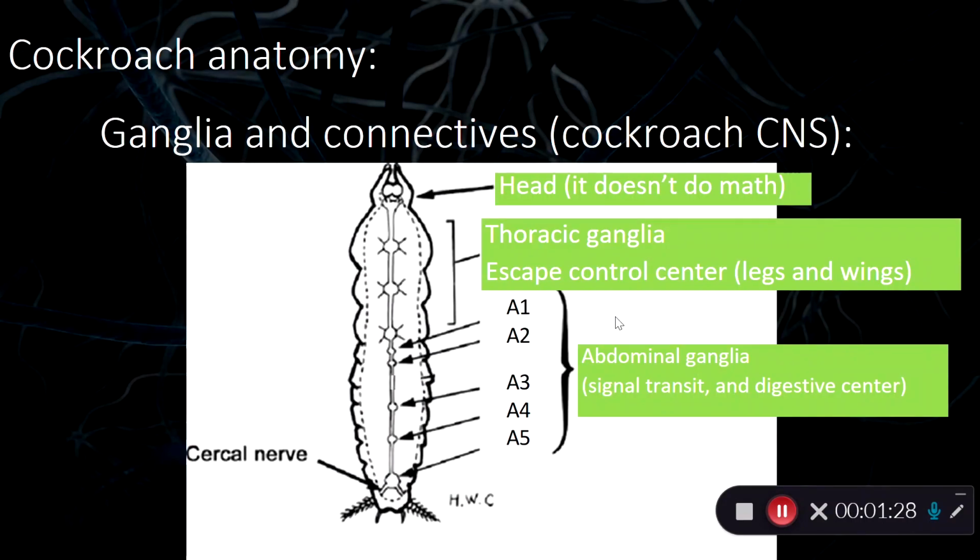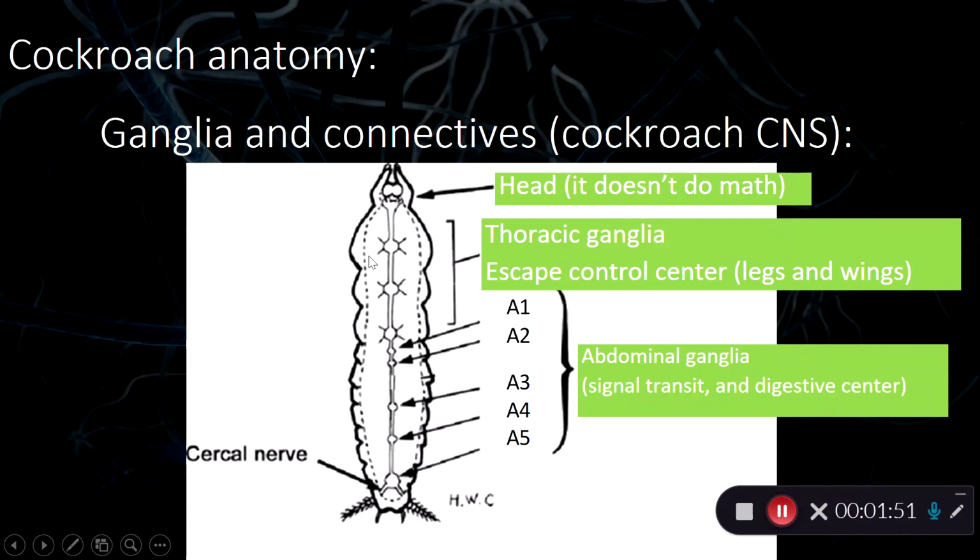If you cut them open, we're going to see their ganglia and connectives. The connectives are basically the nerve cord connecting the two ganglia. The ganglia and the connectives are basically the central nervous system for cockroaches. The cockroach has a head, but it really doesn't have much function. They don't do math with their head.